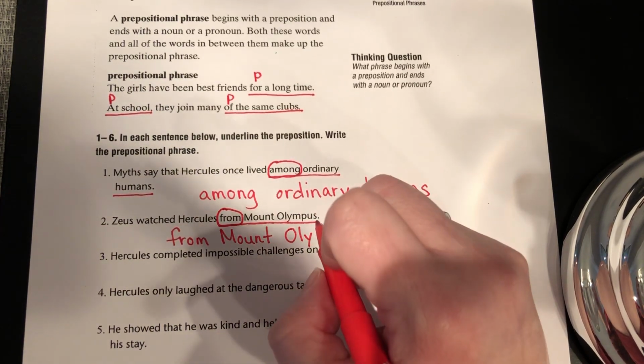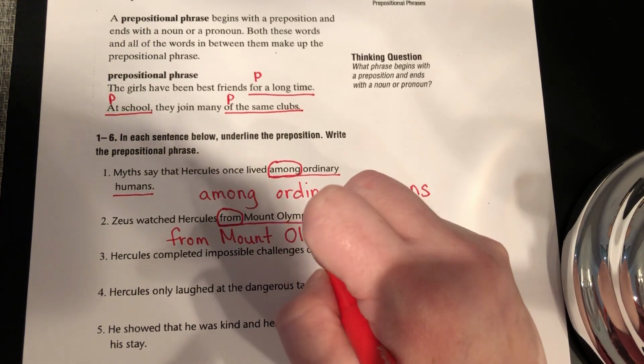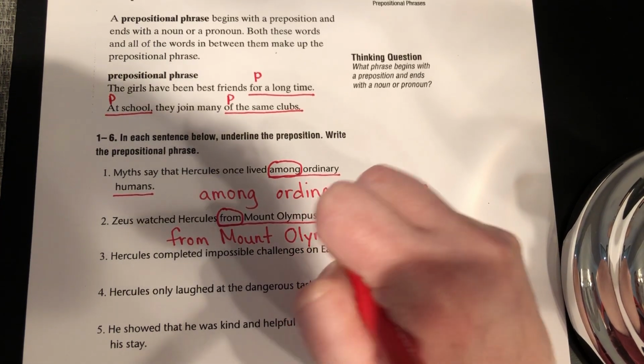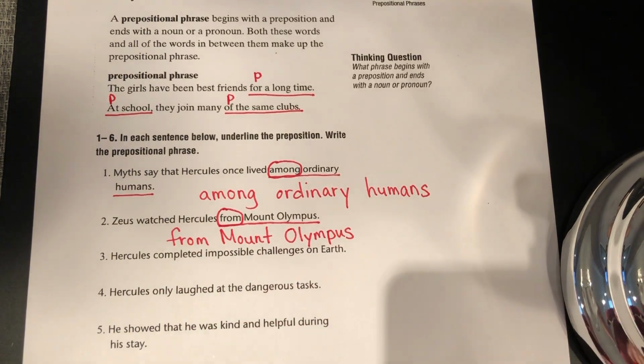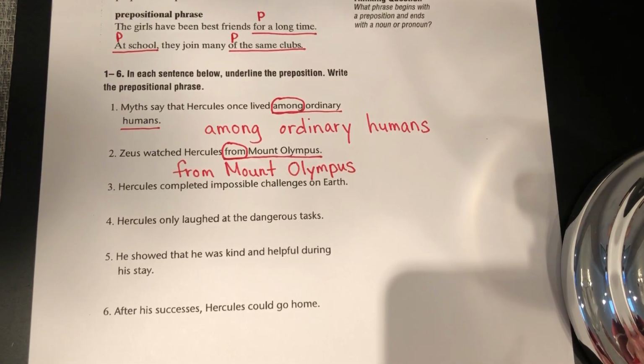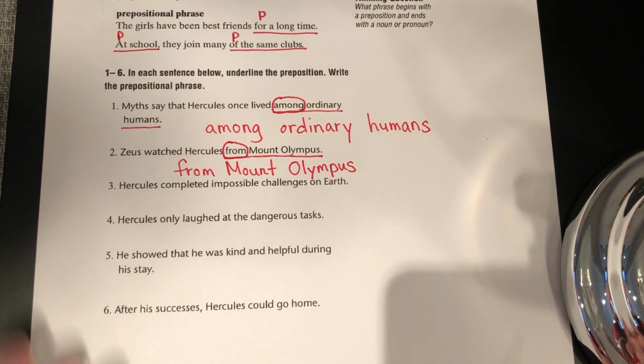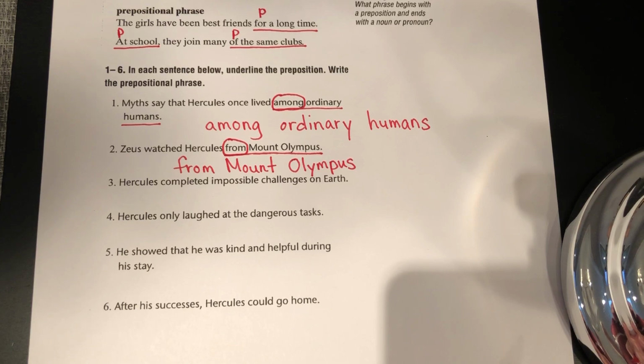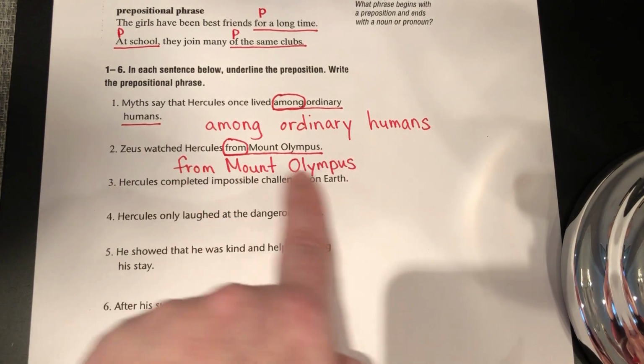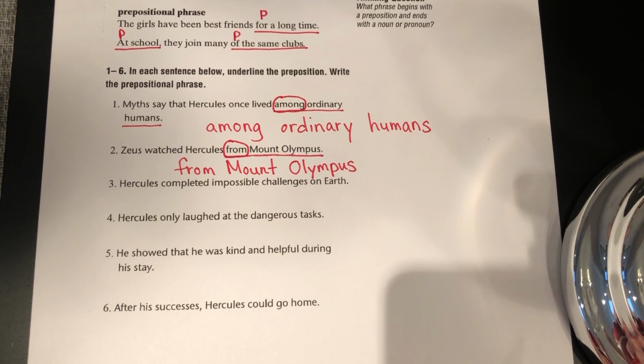Where did Zeus watch Hercules? From Mount Olympus. And then the students will complete numbers 3 through 6 in the same format, underlining the prepositional phrase, circling the preposition, which is the first word that you underlined, and then writing the prepositional phrase as the answer.